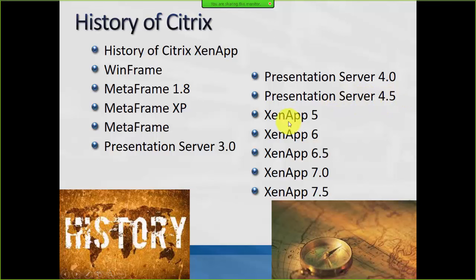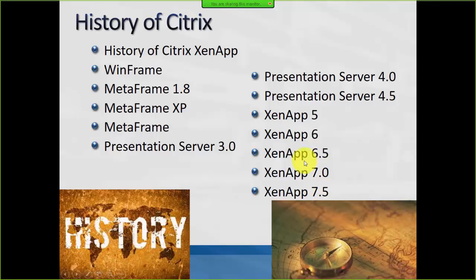And then it's XenApp, the new name, and 5, 6, and then 6.5 is what we are doing. Then we're going to be going for XenApp 7 or 7.5 in the end classes, just to check what has changed. But why 6.5 and why not the latest version, 7.5?